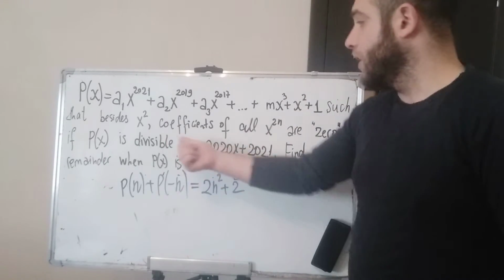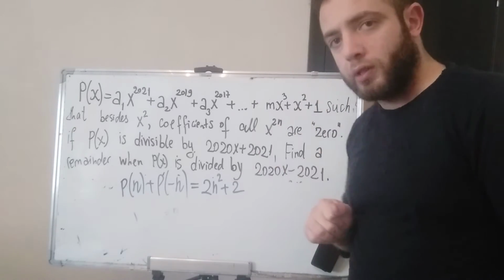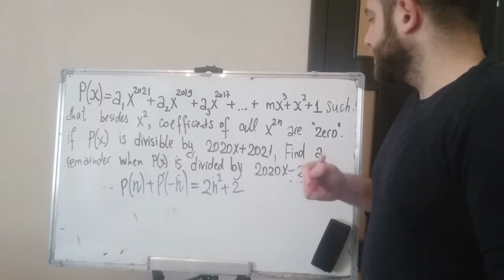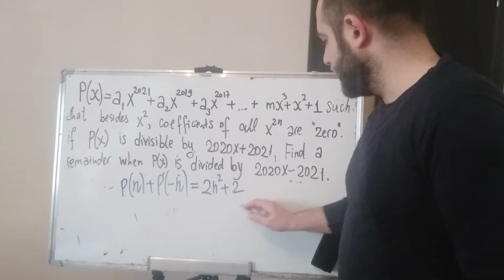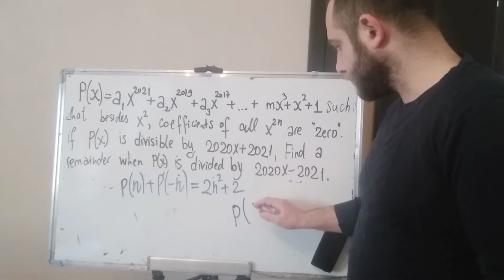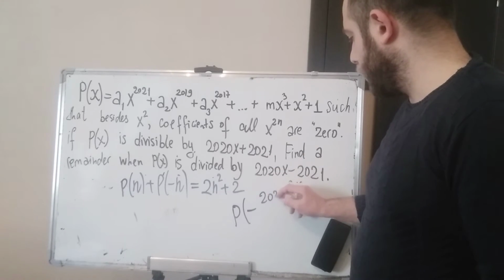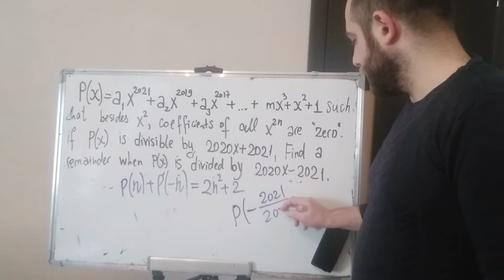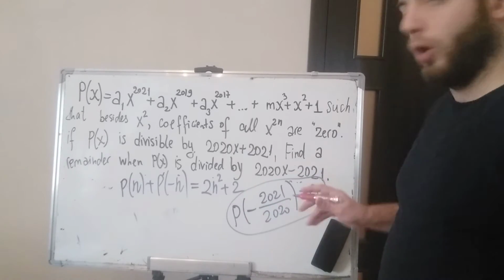Let's look at this one first. If P of x is divisible by 2020x plus 2021, it means this polynomial is divisible by x plus 2021 over 2020, so P of minus 2021 over 2020 is 0. So we know this fact.